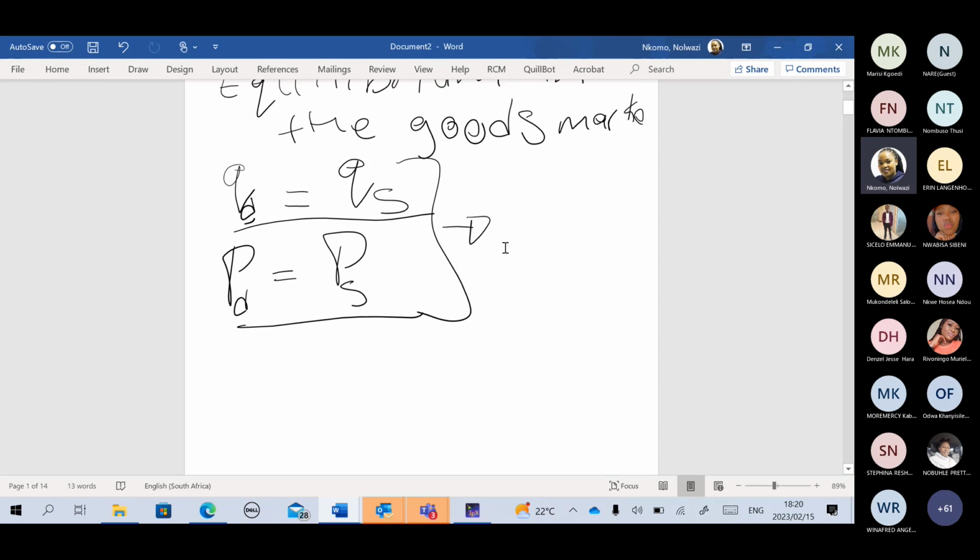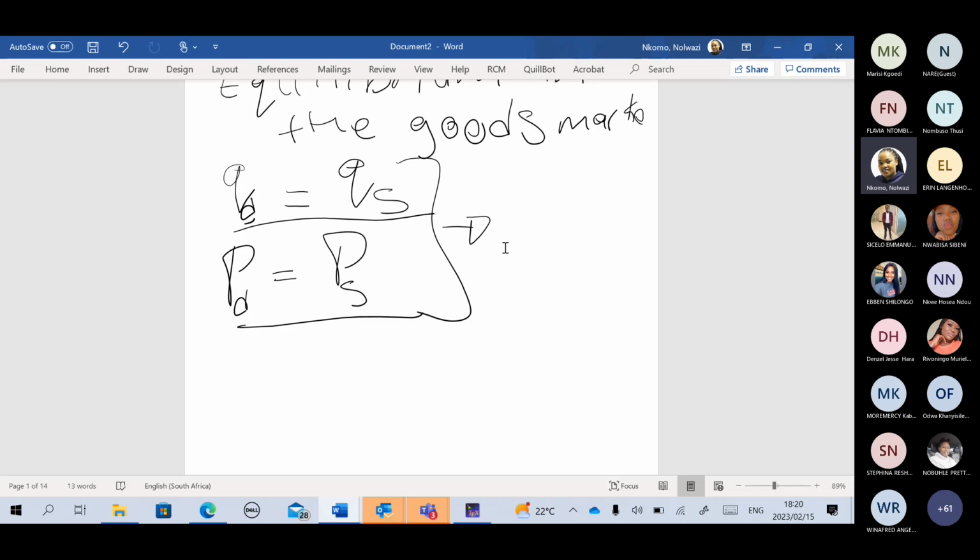Again, we are still under the equilibrium in the goods market. At equilibrium, the quantity the consumer demands will always equal the number of units the producer supplies, as well as for the price.